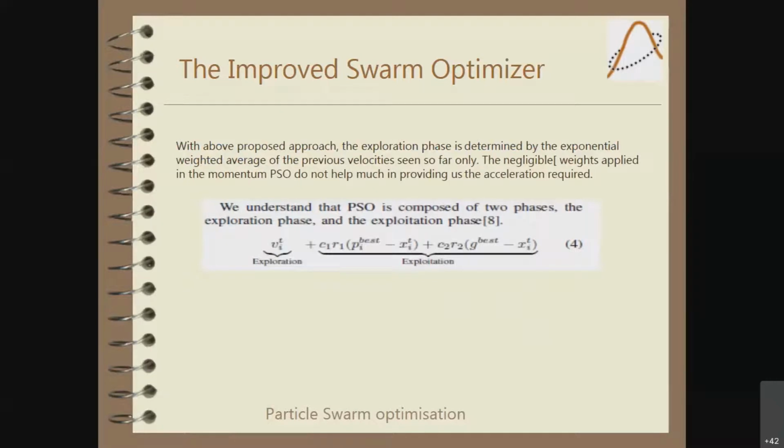In a particle swarm optimization, as I said, there are two components: one is the exploration component and the other one is the exploitation. Typically in a standard PSO approach, the negligible weights applied in the momentum of the PSO do not help much in improving the acceleration required. So you need to choose some candidate velocity updates for assigning greater weights, and assign lesser weights to some of the velocity updates which are not close to your recent iterations.